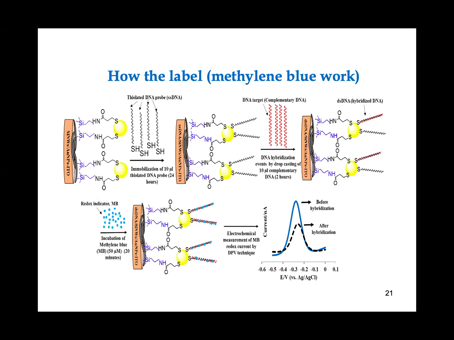So how do we introduce the label? Okay, so I think I have described to you this diagram before, that we need to do some modification. This is Pavitra, an example of modification on the surface of an electrode.